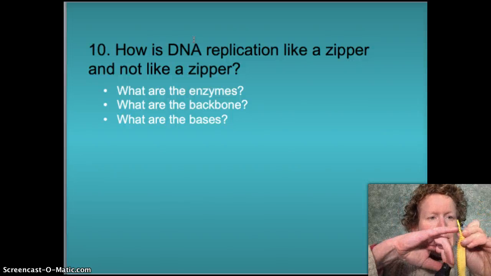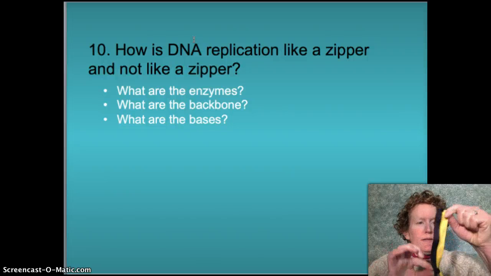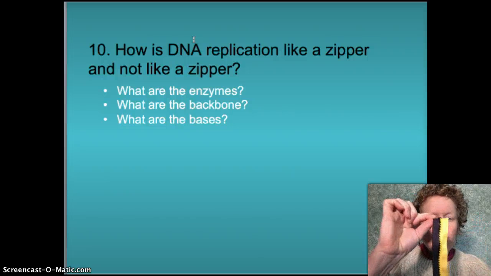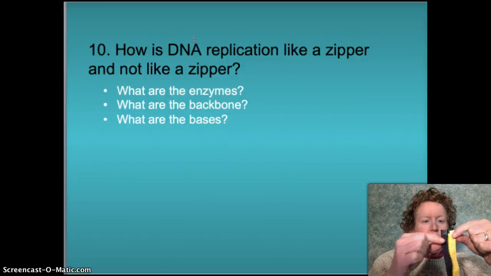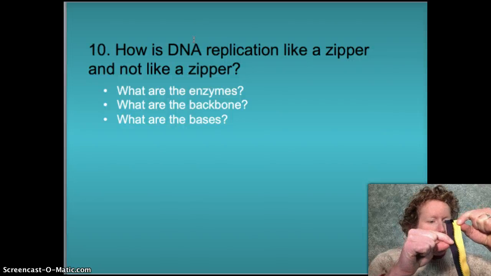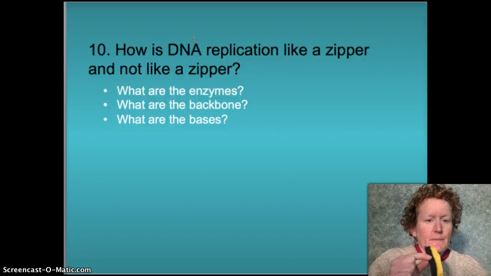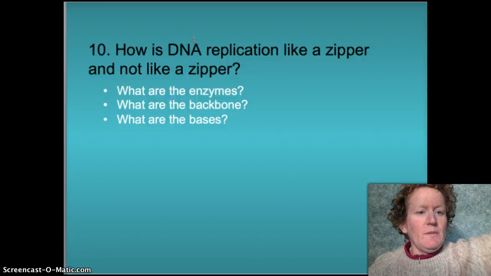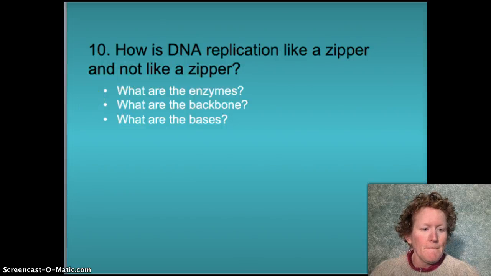Polymerase would bring in one base at a time, one zipper tooth. But it is a good model, especially when you have two colored zippers here, because we could see semi-conservative replication. We can see that half, semi, is the old DNA molecule that we're copying, and half is new base pairs. So hopefully you should be able to write at least two complete sentences for number 10 at this point.